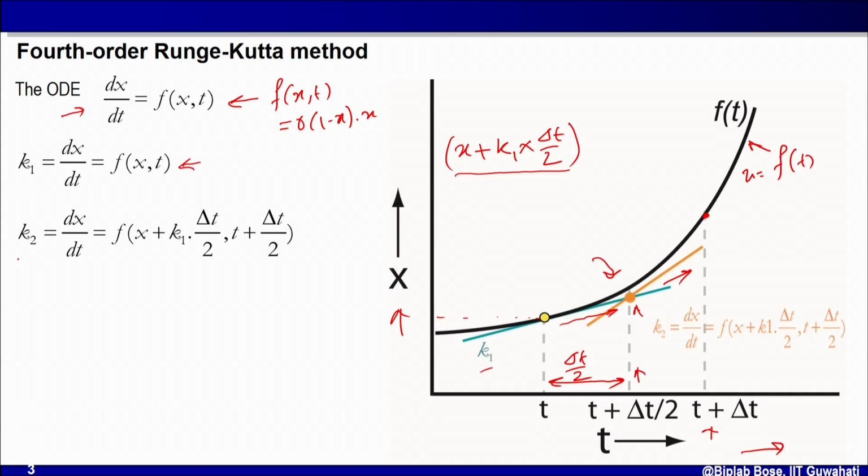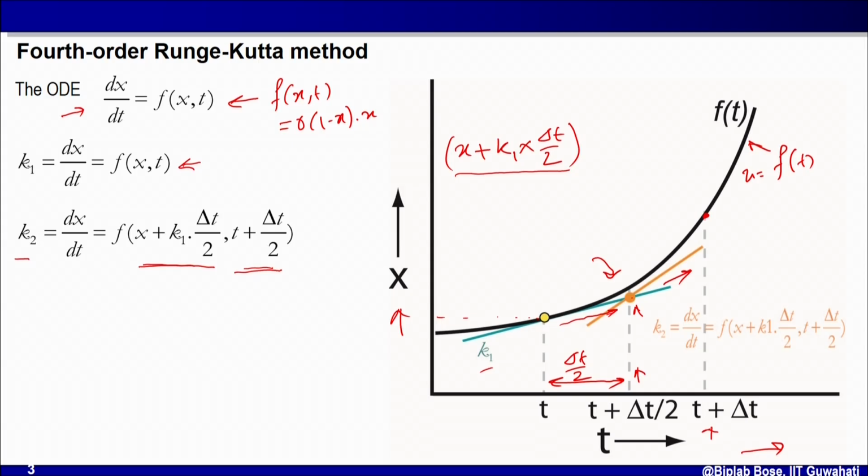That will be k2 equal to dx/dt equal to function of x plus k1 into delta t by 2 and t plus delta t by 2, because these positions' coordinates are t plus delta t by 2 and x plus k1 into delta t by 2. So I get the slope here at this orange point.